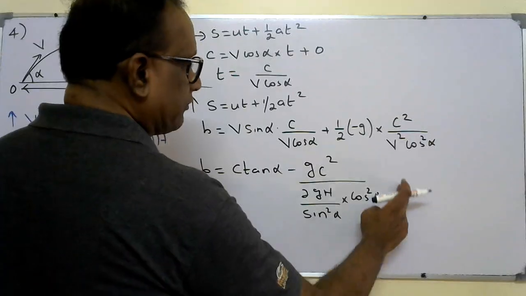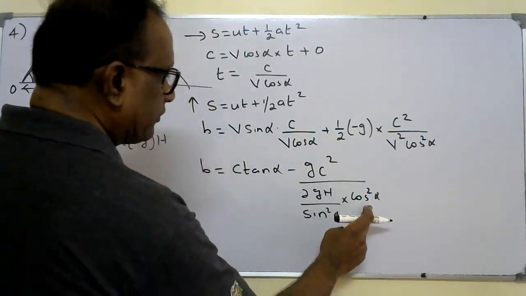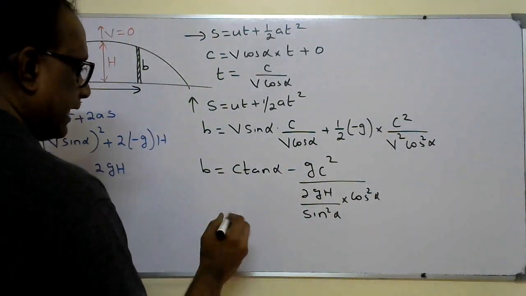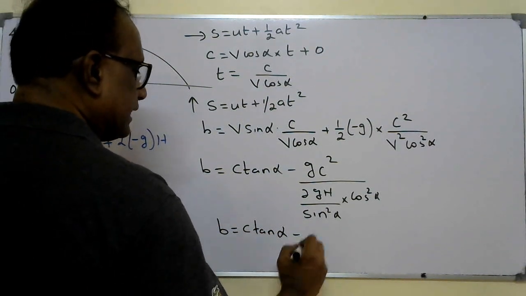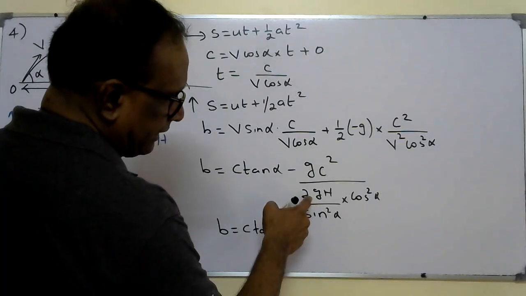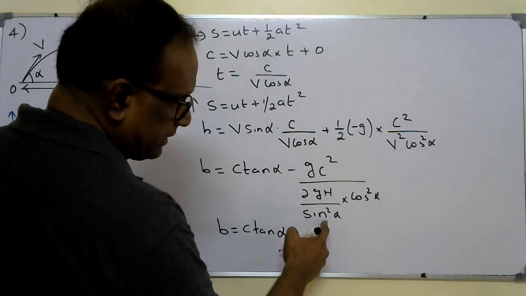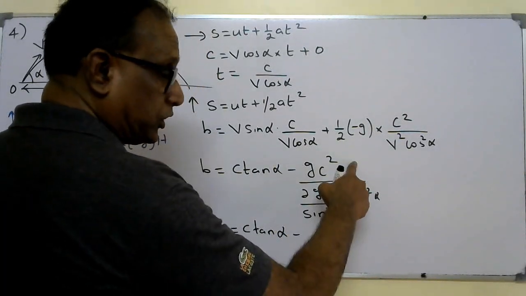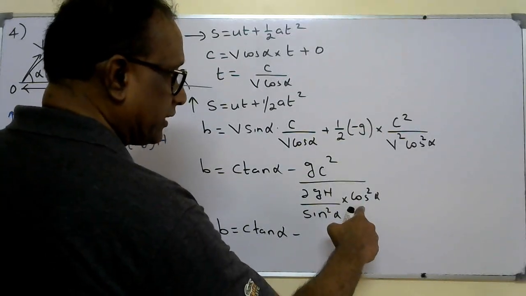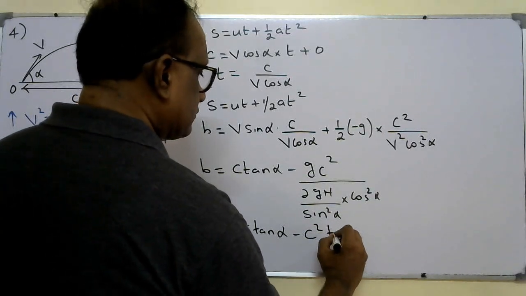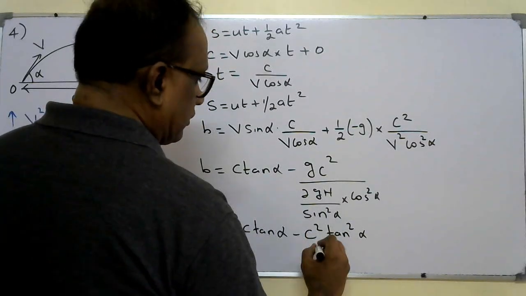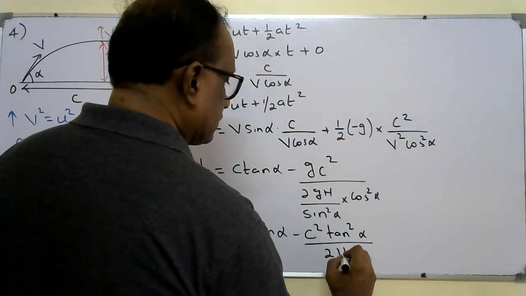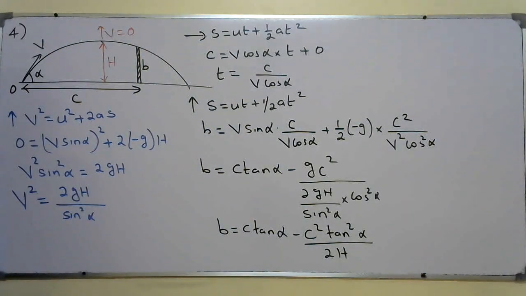I know that sine squared alpha will go up, sine squared alpha over cos squared alpha, I will get tan squared alpha, and g and g will get cancelled. So I will get b equals c tan alpha minus c squared tan squared alpha over 2h. Now make h the subject. That's all. I'll get the answer in the next line.